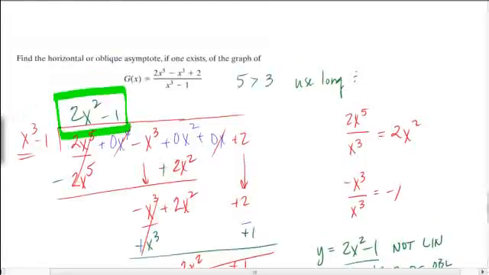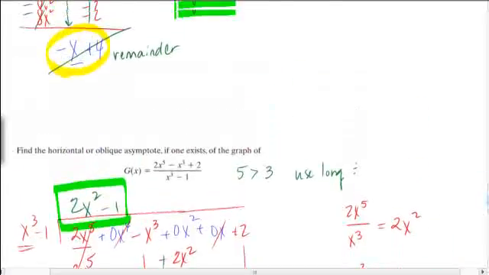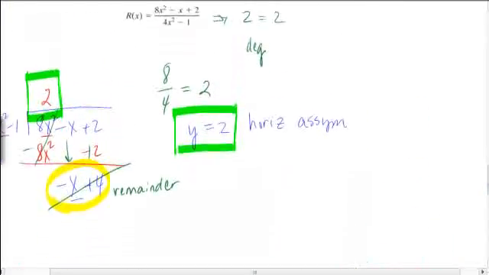Okay, now I want to go back and summarize something really fast. Remember this problem we worked just a few minutes ago where I said if the degrees of the numerator and the denominator were equal, then we use the leading coefficients to find out what the horizontal asymptote is. So I want to just write that down.